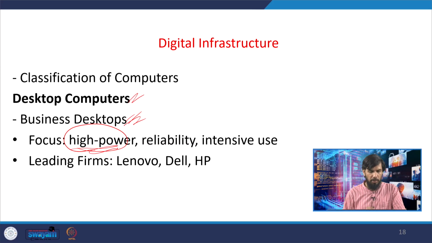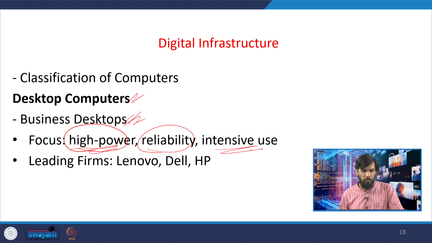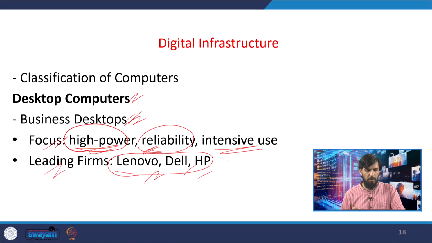So higher power and reliability, right, because intensive use would be there. There should be no performance issues while you are working for hours, right. So that is the focus. Leading firms in this case are again the same three, Lenovo, Dell and HP. These are the firms catering to the business desktop segment, right.